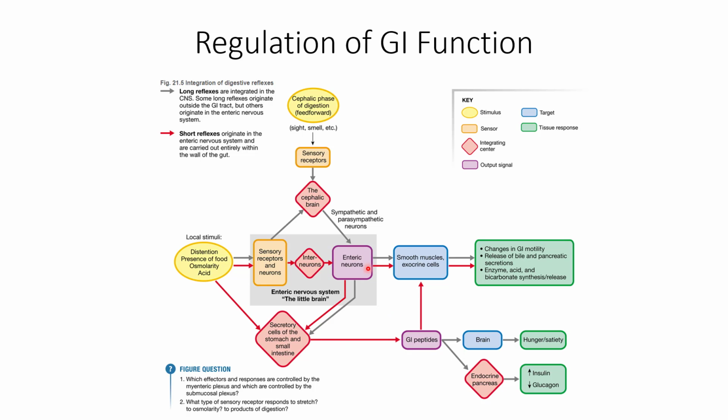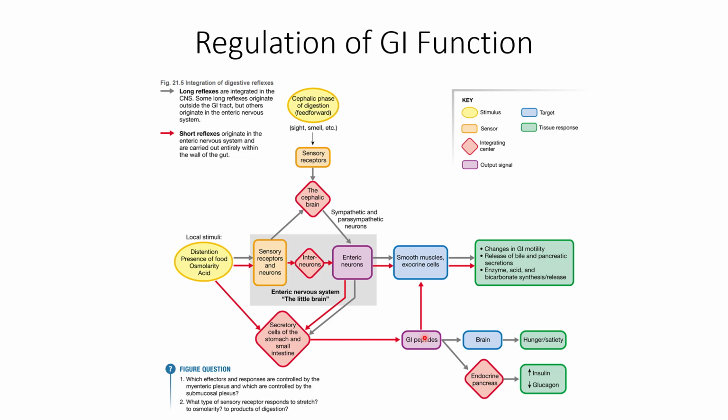What we see is that from the central nervous system, we have input that comes through our sympathetic and parasympathetic neurons. Those tend to have actions either on the enteric neurons themselves or sometimes on the smooth muscle. They can direct changes in motility, changes in secretion, enzymatic release, those types of things that can be controlled.